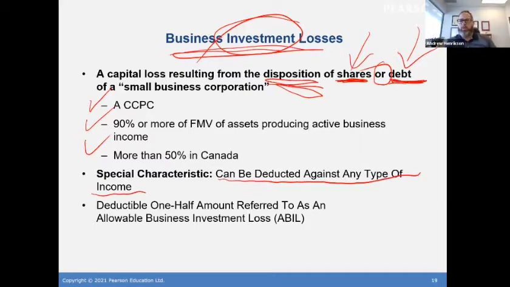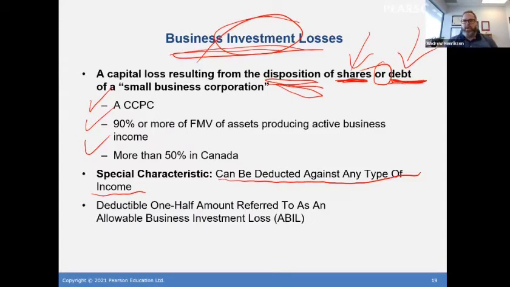So we know that our capital losses, we just talked about this last class, we reiterated it, can only be claimed against capital gains. All of our other losses can also be claimed against capital gains, but capital losses can only. So what that means is we get kind of stuck.